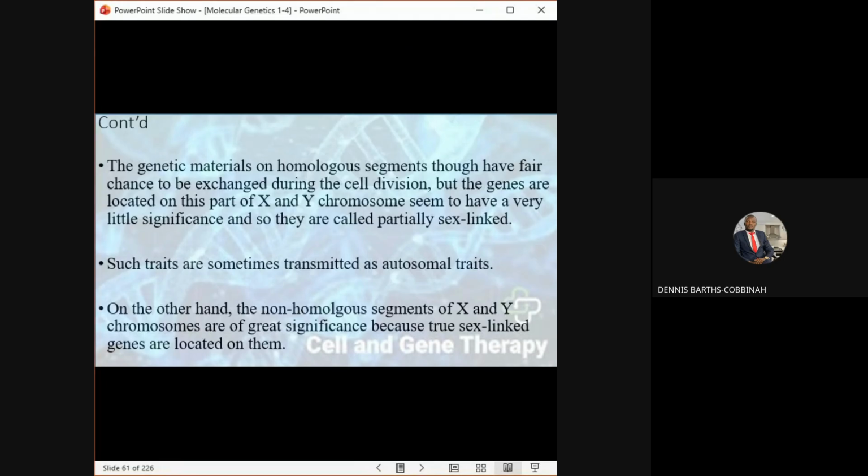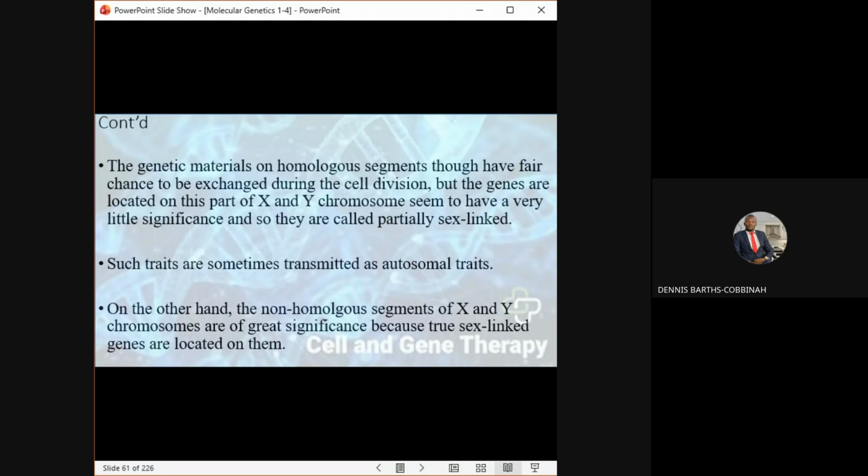But the males inherit the X from the mother and the Y from the father. So if the male inherits the defective gene on the X chromosome from the mother, he will not have an alternative allele on the Y chromosome to overshadow, or technically mask, the expression of the defective gene on the X chromosome.